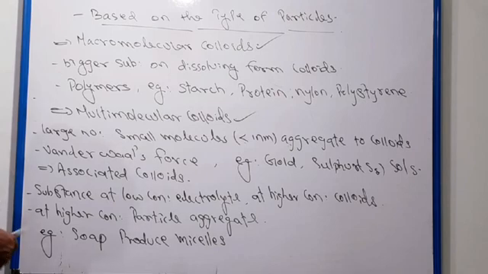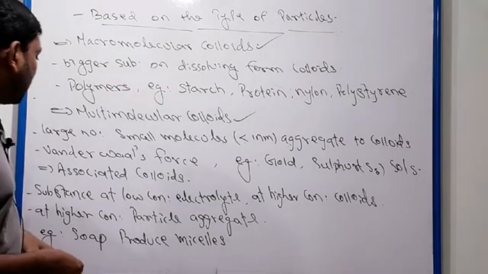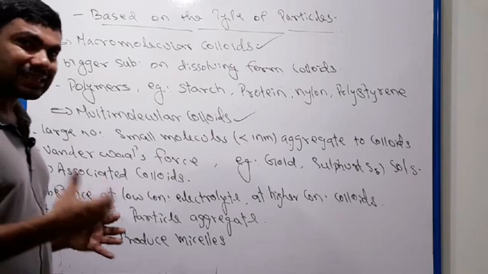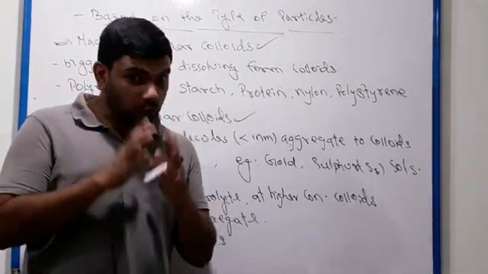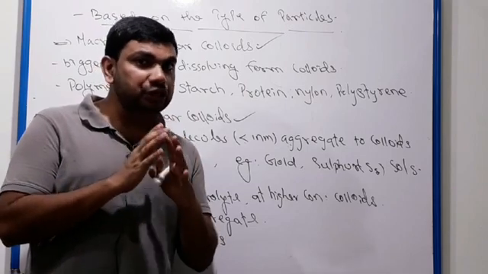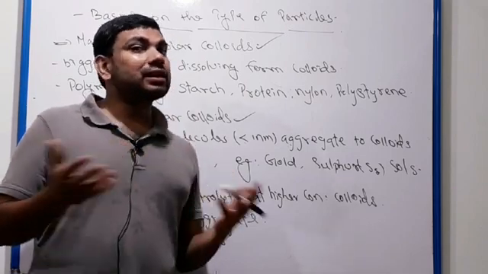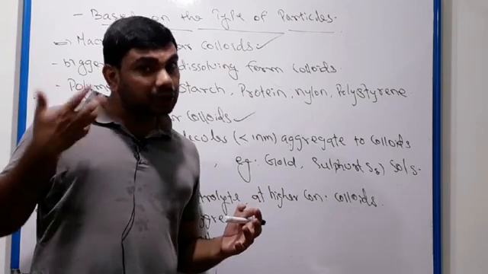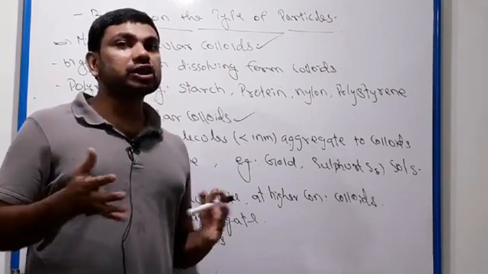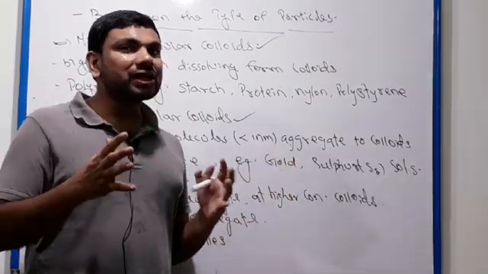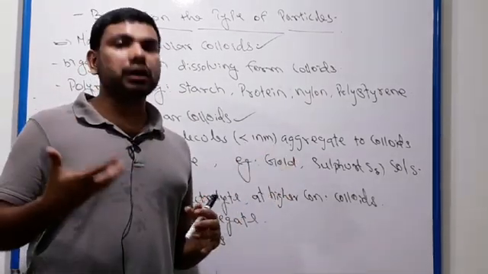Clear? Next one, associated colloid. Associated colloid means a substance that at low concentration acts like an electrolyte, but at higher concentration behaves like a colloid. At higher concentration, the particles aggregate and form colloidal sized particles.